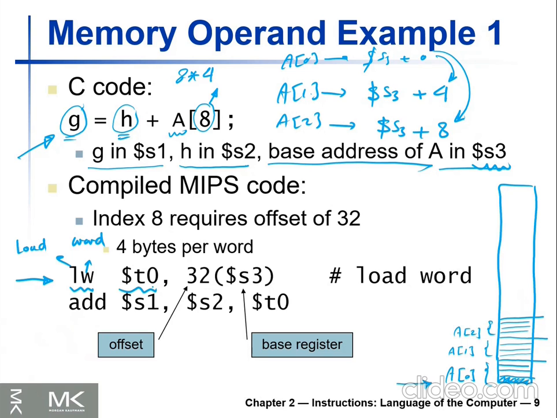Load from where? We should load A of 8. The first location in array A is in S3, and we should add 32 to this, since 8 multiplied by 4 equals 32. And once you have the value of A of 8 in T0, you can do the addition.